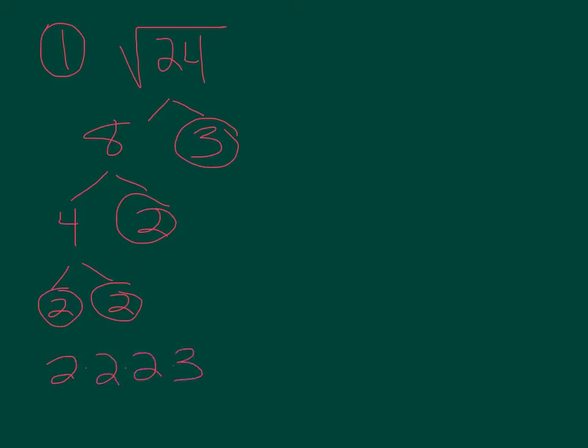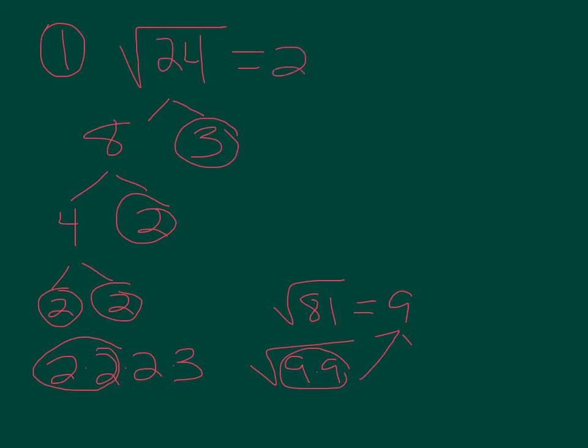Now a square root, remember, takes things in pairs. For every pair you have, you bring one outside. For example, remember the square root of 81 is 9, because 81 is 9 times 9. So we have a pair of 9s, and one comes out of the square root. Here we have a pair of 2s, so one 2 comes out of the square root.